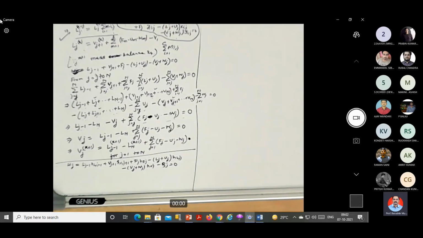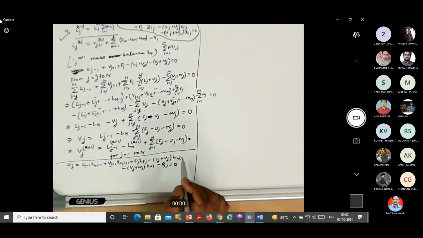Now look at this equation. In this equation we have terms like enthalpies. Associated with the j minus 1th stage we have HLj minus 1. Associated with the j plus 1th stage we have HVj plus 1. Uj and Wj are also input, but we are not looking at the liquid and vapor flow rates.